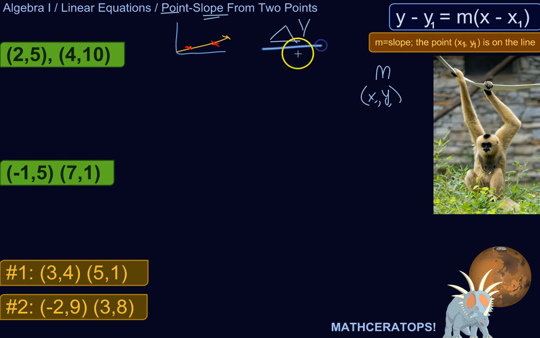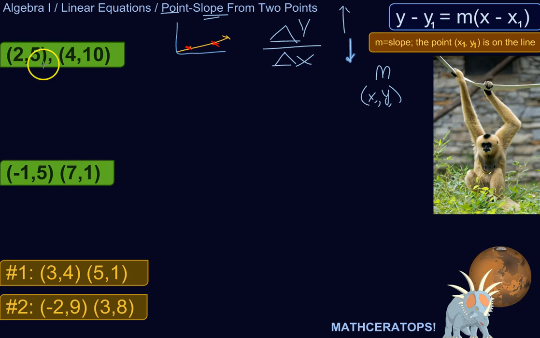The change in y relative to the change in x. So if x goes over 2, does y go up 4? Does it go down 3? Something like that. So rise is a way of describing the change in y. But rise to me says it's always going up, but maybe y is going down. I don't know. So I just call it change in y over the change in x.